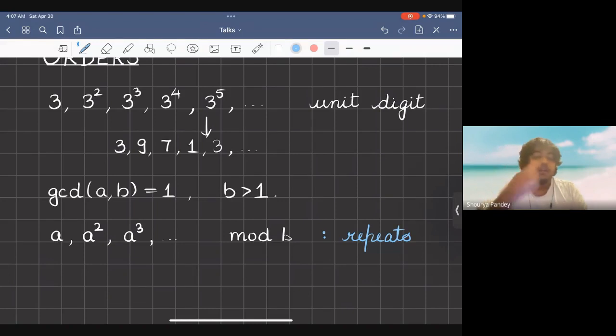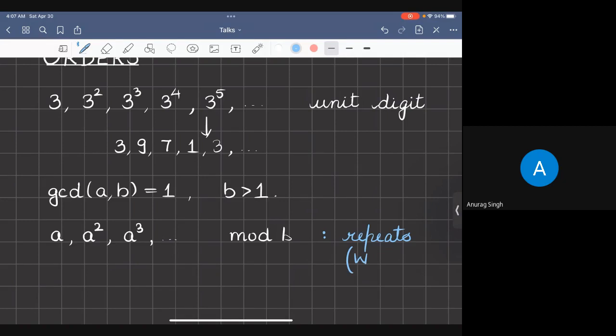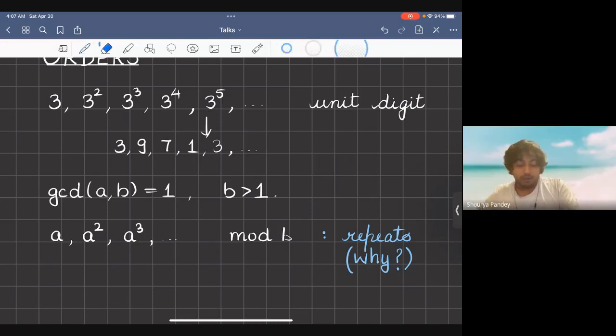Why does it repeat? Because due to being relatively prime, there needs to be some place like phi of b where the remainder will be 1 only. Can you give a more elementary proof of repetition without using phi of b?